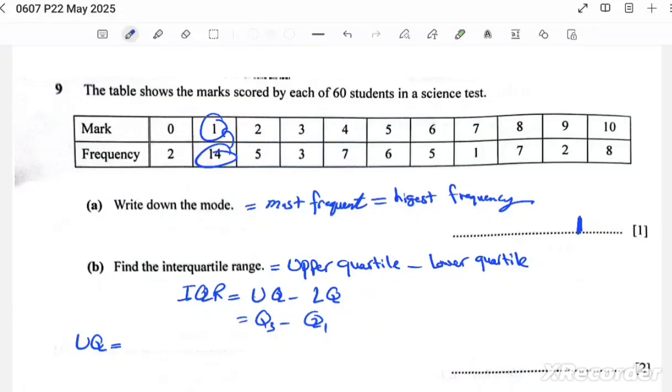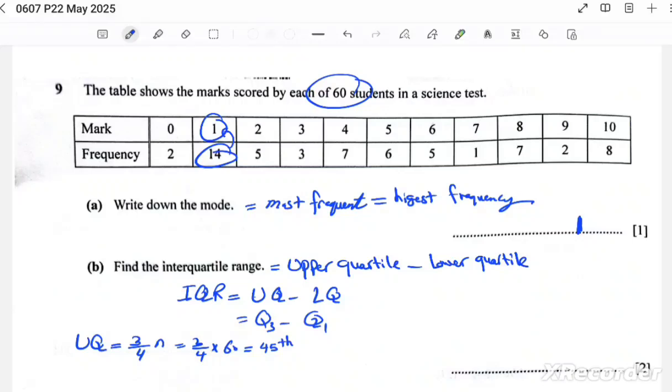The upper quartile position is at 75% of n, or 3/4 of n. So 3/4 n, and n in this question is 60. So the answer is 45th.